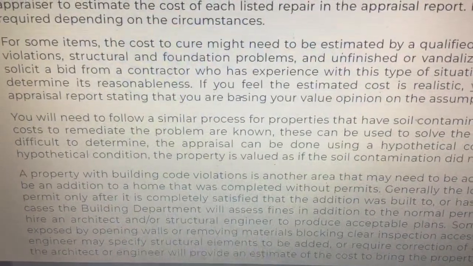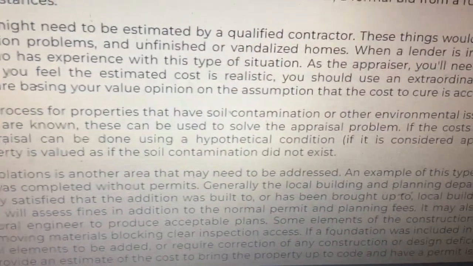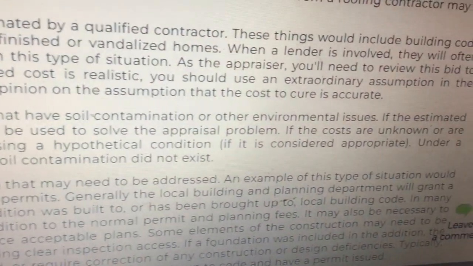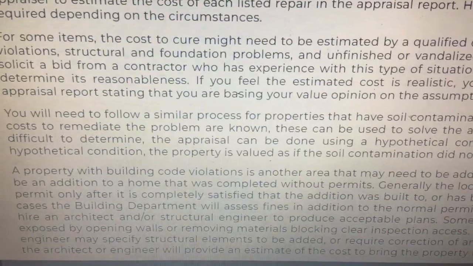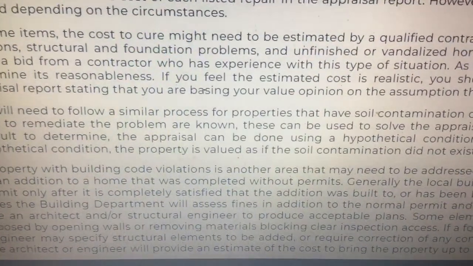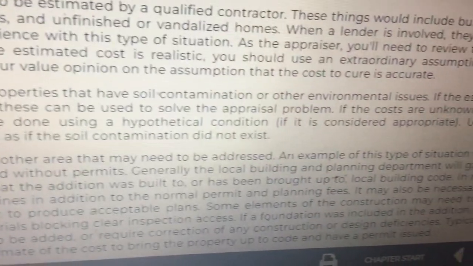In many cases, the building department will assess fines in addition to the normal permit and planning fees. It may also be necessary to hire an architect and/or structural engineer to produce acceptable plans.